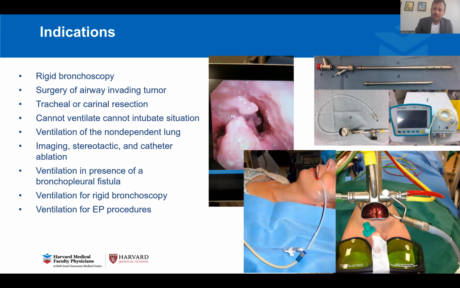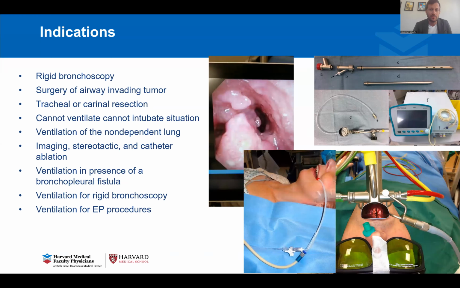So overall indications, I briefly mentioned rigid bronchoscopy is certainly one of the most common indications when our surgeons or our pulmonologists conduct procedures in the upper airways, sorry, in the trachea or the main stem bronchi using rigid bronchoscopy. This is usually where we connect jet ventilation. Then any airway invading tumor, those are very individual cases. Jet ventilation is certainly helpful.